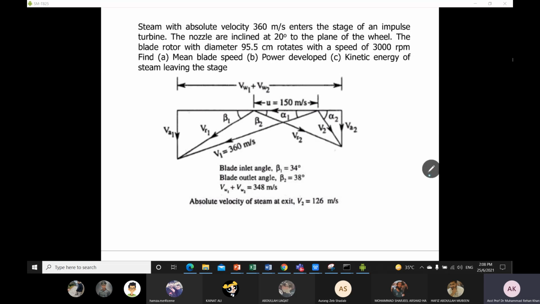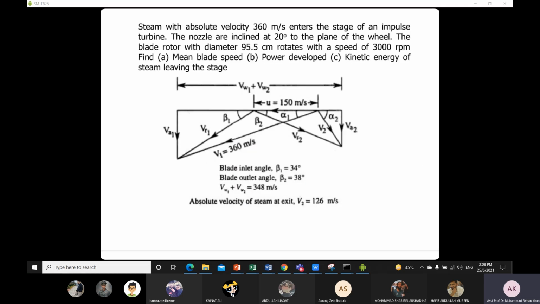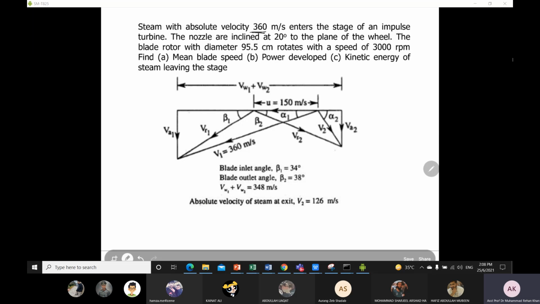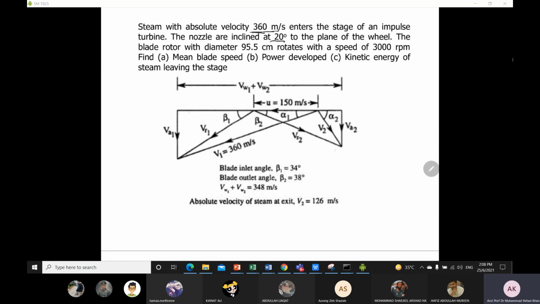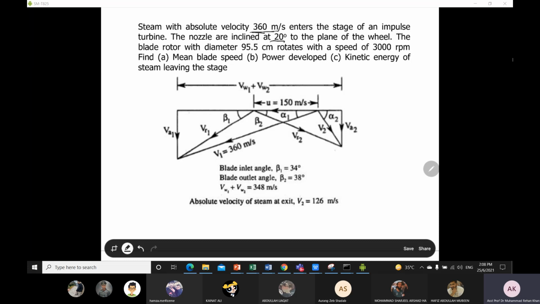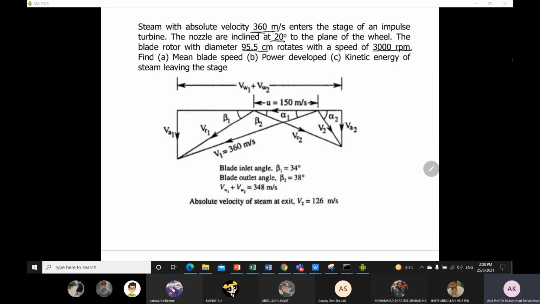From this data you can easily find that this is the absolute velocity at the outlet of the nozzle, so V1 is given in the question. The nozzles are inclined at 20 degrees, so alpha 1 is given, because the nozzle angle is alpha 1. The blade rotor has a diameter of 95.5 centimeter. I will tell you how to use this type of data. The speed is 3000 rpm.